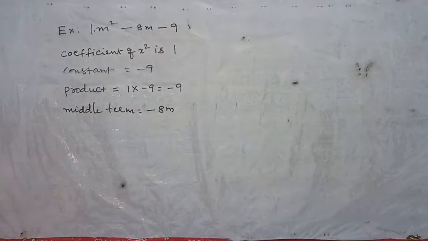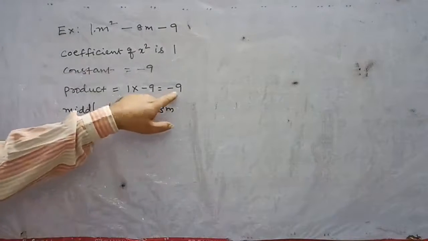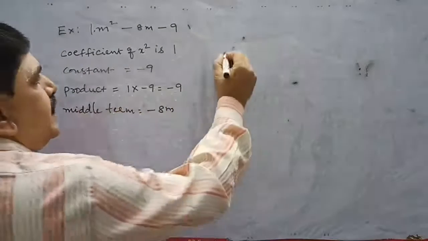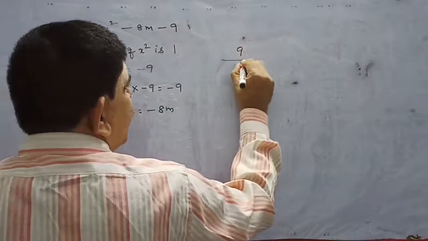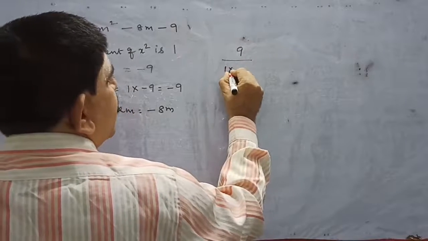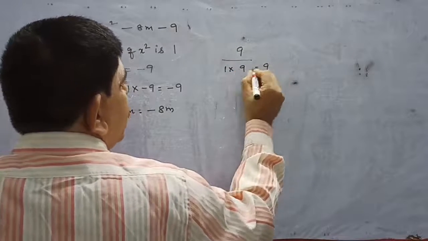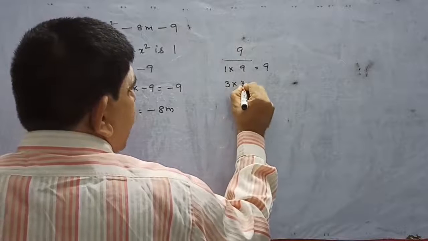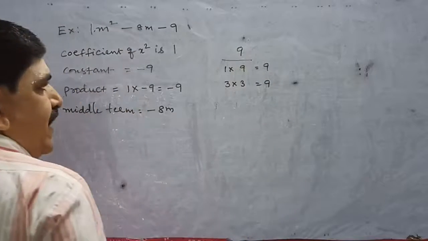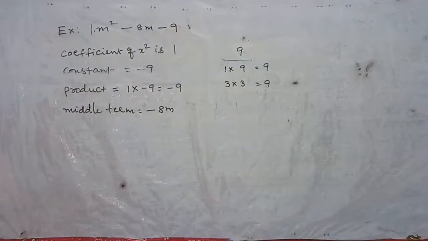Now, we have to write the factors of minus 9, or 9. We write the factors of 9 first. 1 into 9 is 9. 3 into 3 is 9. So except these two, there are no other factors. Right?